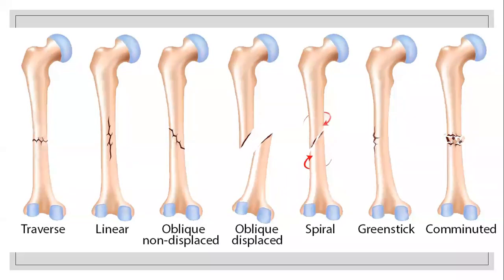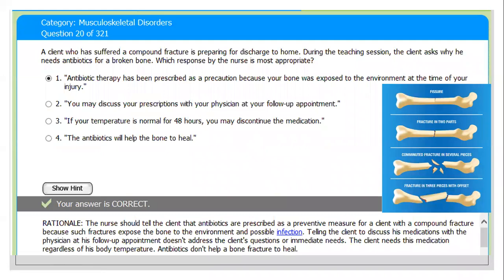So a compound fracture is an injury in which a broken bone pierces the skin, causing a risk of infection compared with a simple or transverse or oblique fracture. So here, the first is a simple fracture with two pieces, and here a comminuted fracture in several pieces, right?